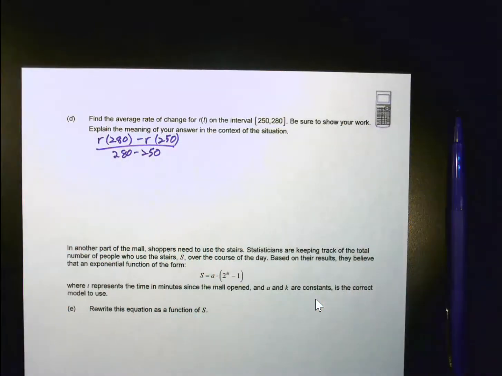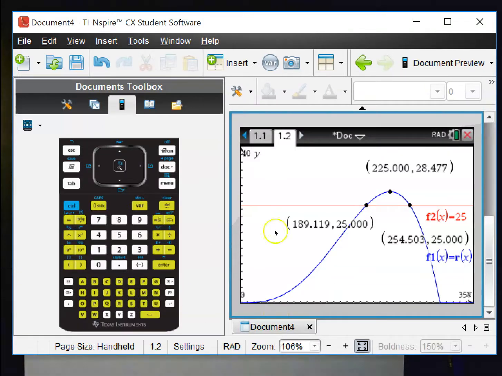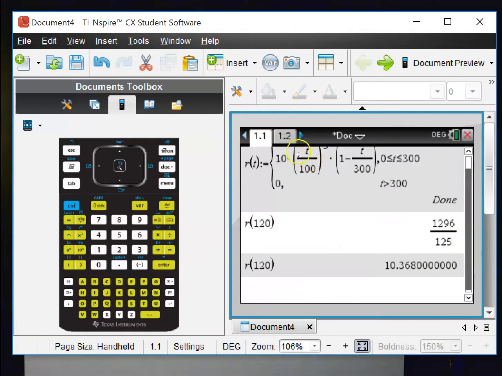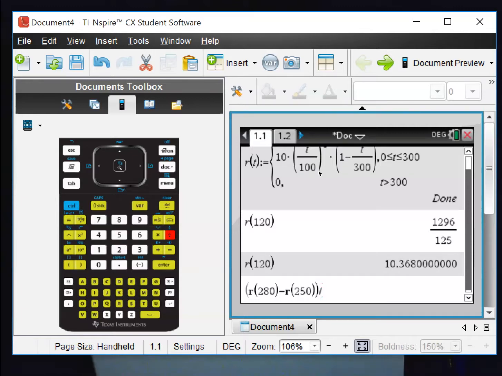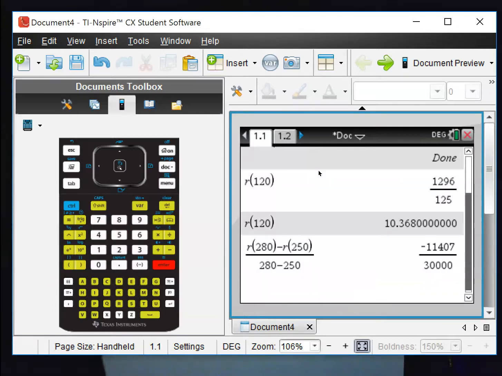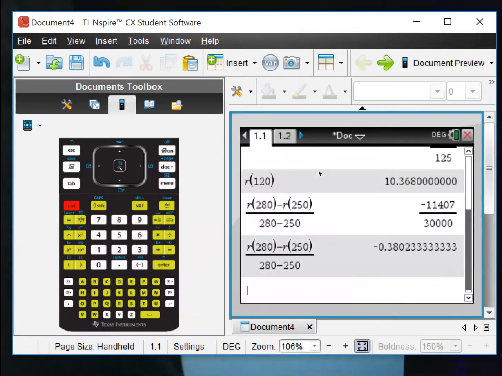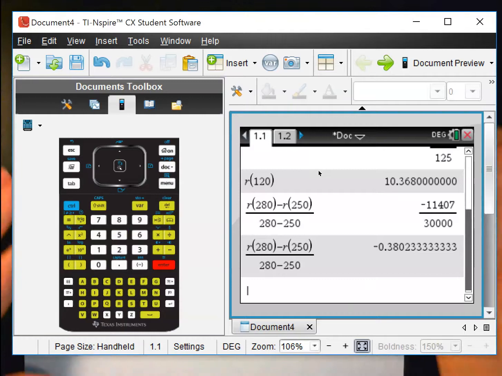And I'm going to get out my calculator to figure out what that actually is. And the beauty of having R of t programmed in here is I can literally just ask it, what is R of 280 minus R of 250 all over 280 minus 250, hit enter, and it gives me, oh, again, I'd rather get it in that form.